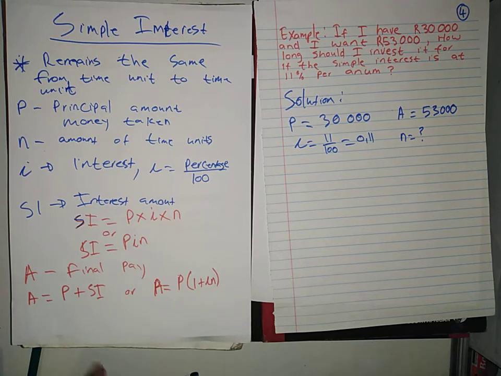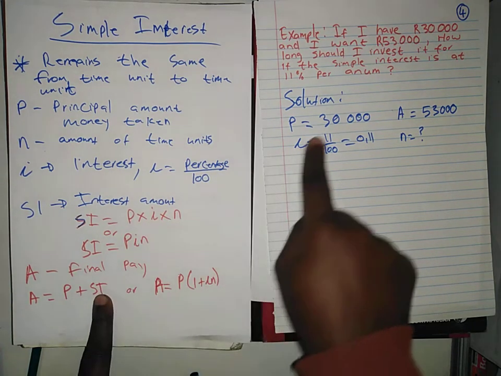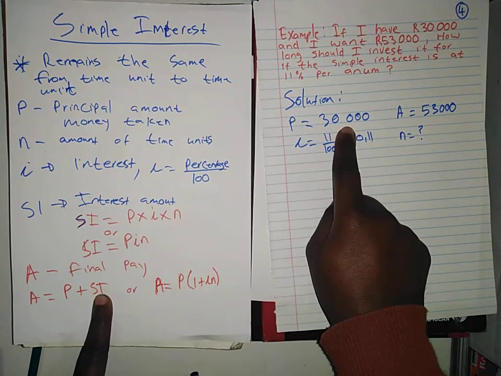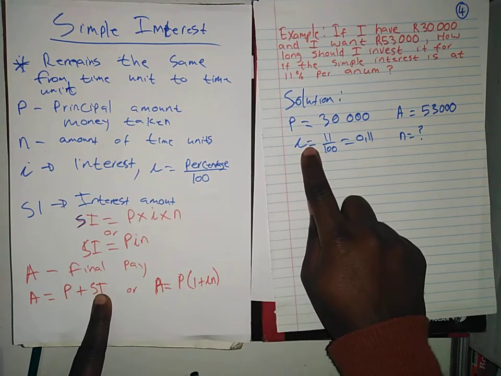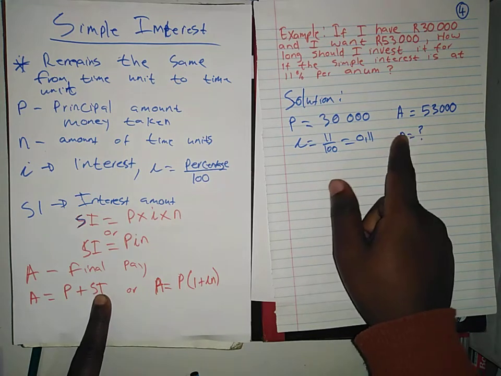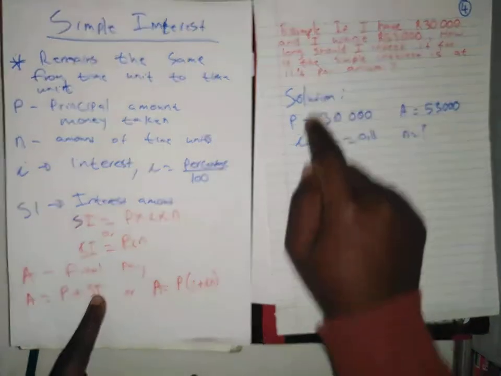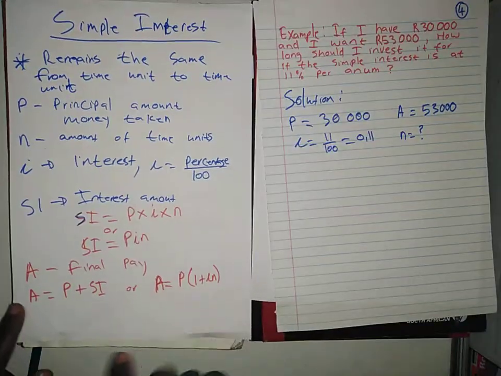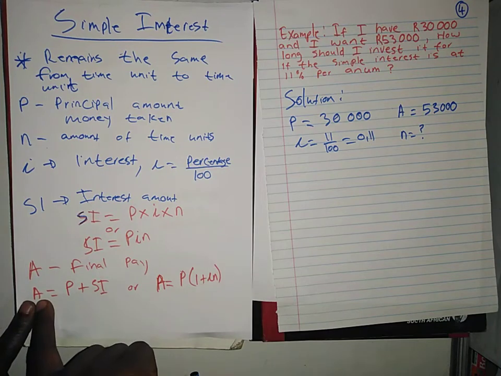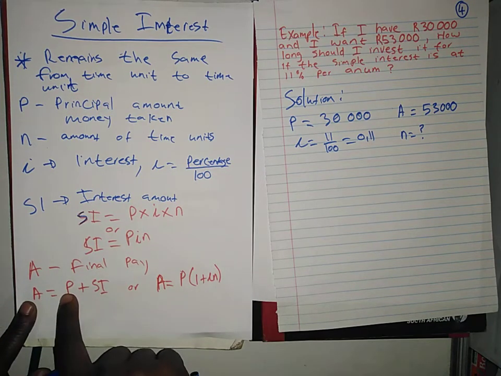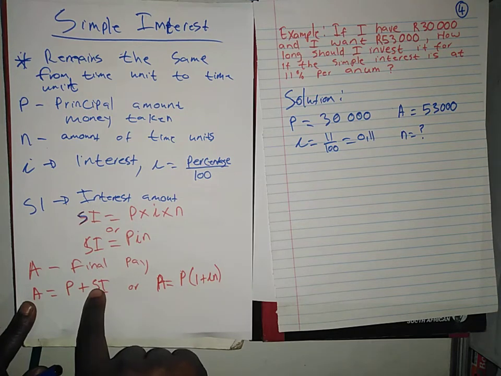Because obviously you know what SI is: SI is P times I times n, and you already have P and I, but you don't have n. But you can get SI by using the formula A is equal to P plus SI.